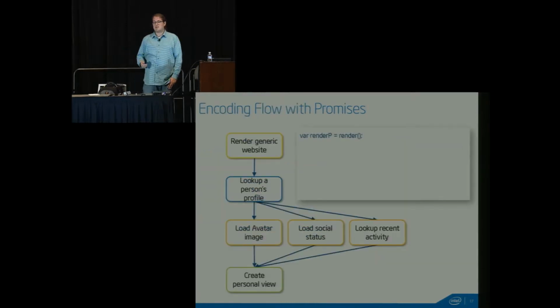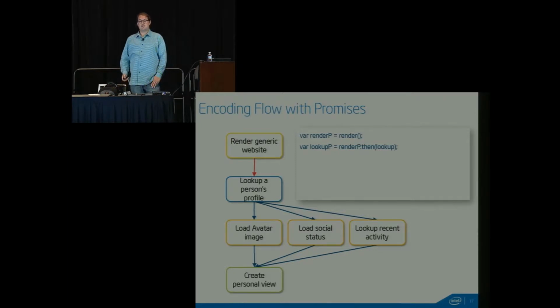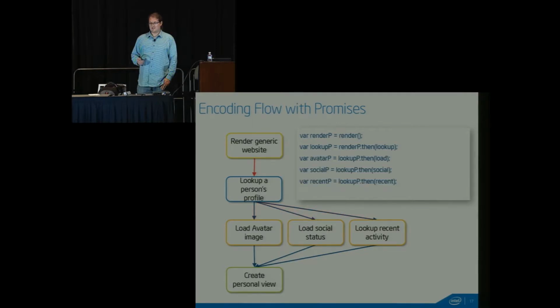So with this, I can now encode the rest of my graph. So I want to do the lookup after I did the render. So I encode this by writing render promise.then, which means once my render promise is completed, then I want to call the lookup. And that doesn't actually perform the lookup. It just returns me another promise. Likewise, I can encode the 3 operations I do to actually load social status.